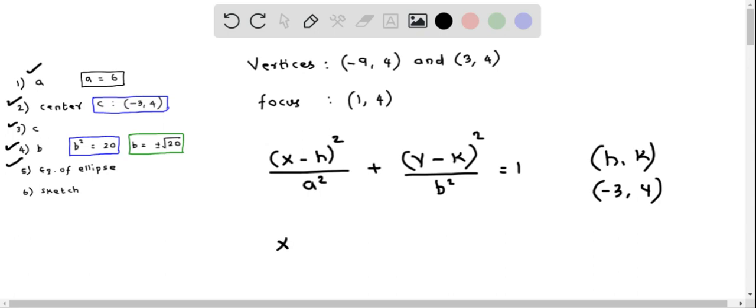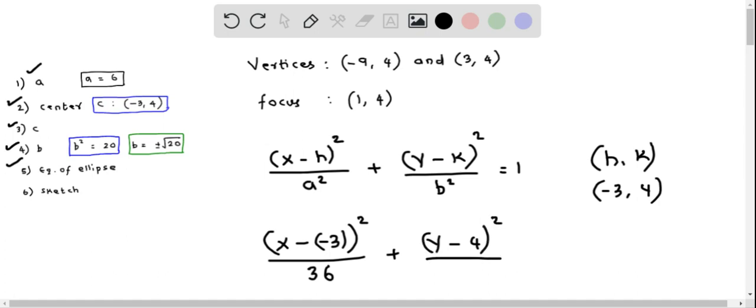So let's do that. I plug in h equals negative 3. So therefore this becomes x minus negative 3 quantity squared divided by a squared. a equals 6, so a squared equals 36, plus y minus k, which is 4. So I write (y minus 4) quantity squared, and this divided by b squared. We will utilize this, that is b squared equals 20, and so this equals 1.